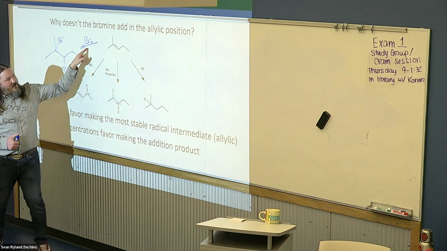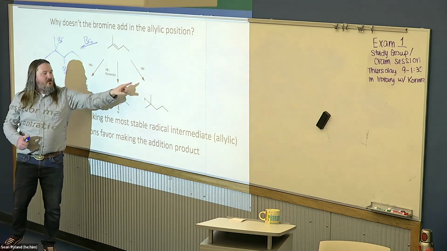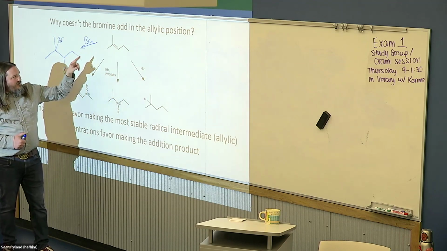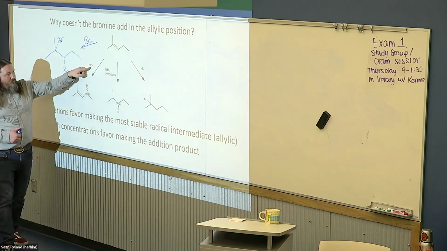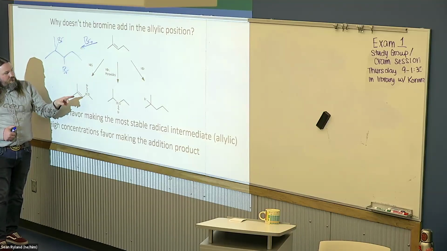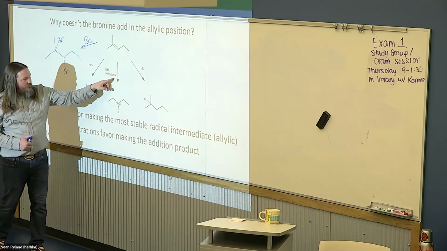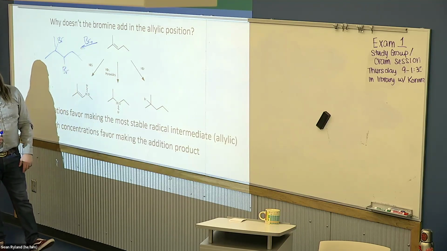This doesn't make a bromine radical, and neither does this. Both of these make a bromine radical. But in the low concentration of bromine radical, we get the allylic addition. In higher concentration of bromine radical, we get the addition, the anti-Markovnikov addition.